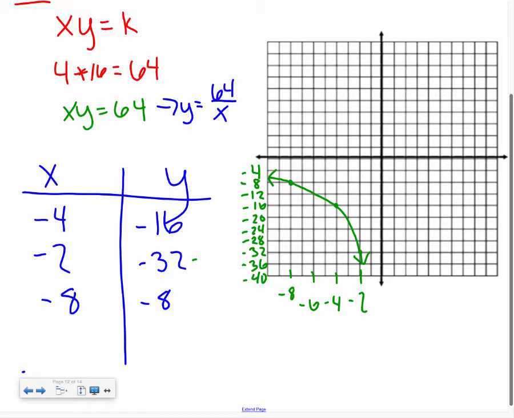And then if I plug in some positive numbers, if I plug in those same numbers but positive, so if I do a 2, and then 4, 8, these are all going to be the same numbers, but they should be opposite signs. So instead of a -32, I should get +32. For 4, I should get +16, and then a +8.